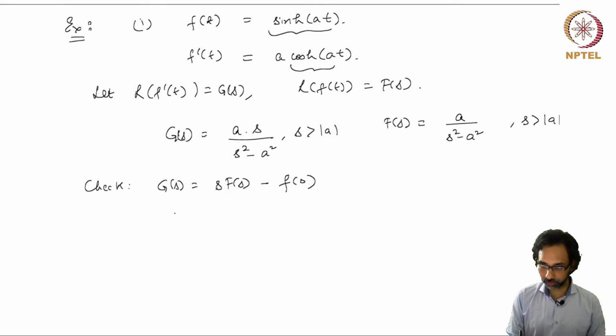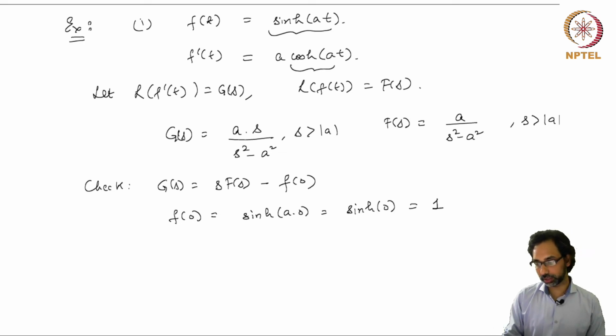So what is f of 0? F of 0 is simply sine hyperbolic of a times 0, and this is sine hyperbolic of 0, and so this is nothing but 0. Okay, and so we are only left with s F(s).